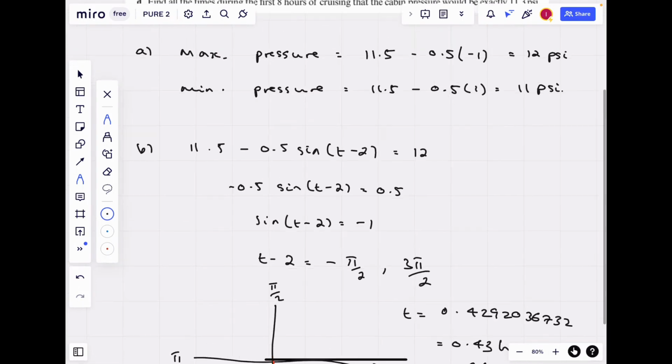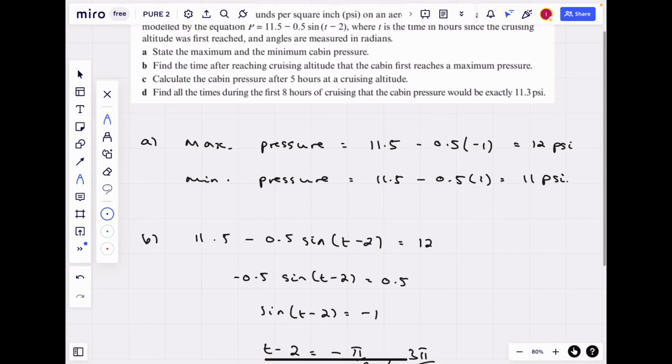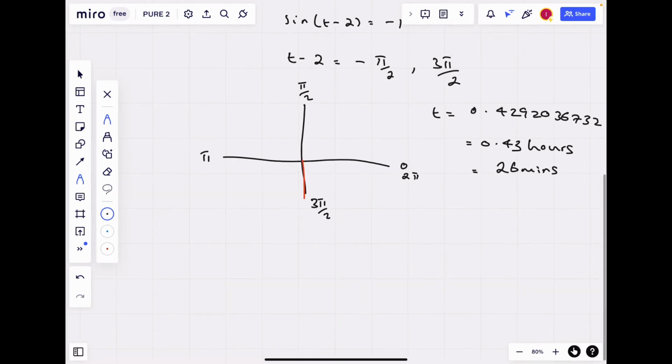Okay, part C. Calculate the cabin pressure after 5 hours at cruising altitude. T equals 5. So P equals 11.5 minus 0.5 times sine(5 minus 2).